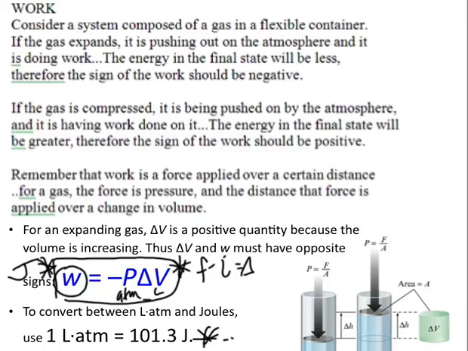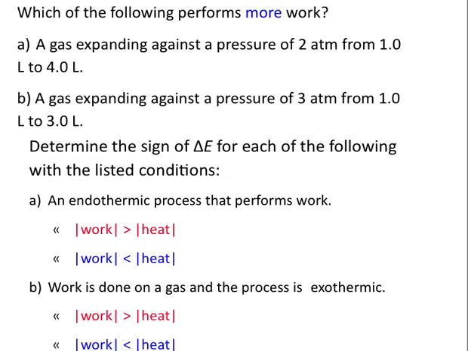So let's go ahead and start doing some problems. All right, which of the following performs more work? What is the formula for work again? Negative P delta V. So a gas expanding against a pressure of 2 atm from 1 to 4.